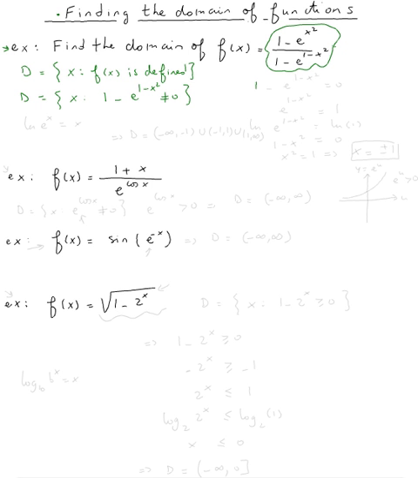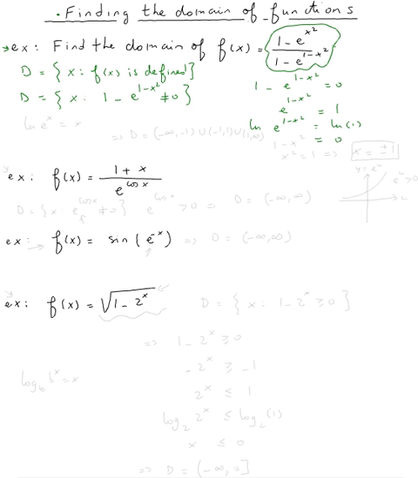What does it mean 1 minus e to the 1 minus x squared is equal to 0? It means e to the 1 minus x squared is equal to 1. Right? How do we get the exponent? Take ln of both sides. So ln of e to the 1 minus x squared is equal to ln of 1.